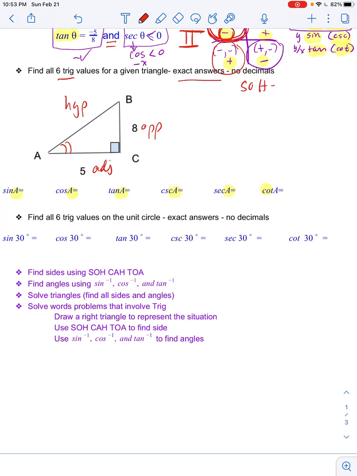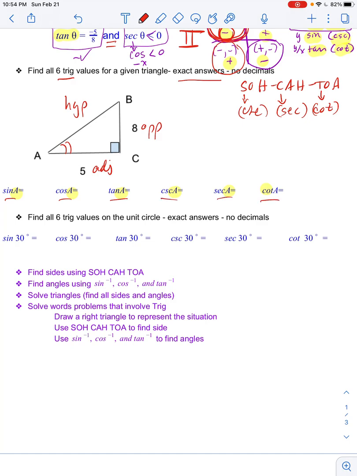I'll be using SOHCAHTOA, and that will help me find sine, cosine, and tangent. And then I'm going to just kind of remember that sine goes with cosecant, cosine flips over, becomes secant, and tangent flips over to become the cotangent. So if I can remember who's partners with whom, then I can just flip over my first 3 answers to get my last 3 answers.